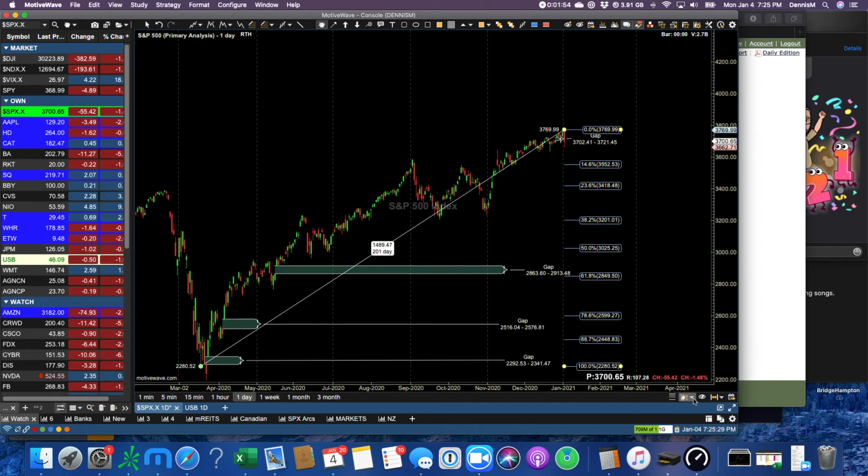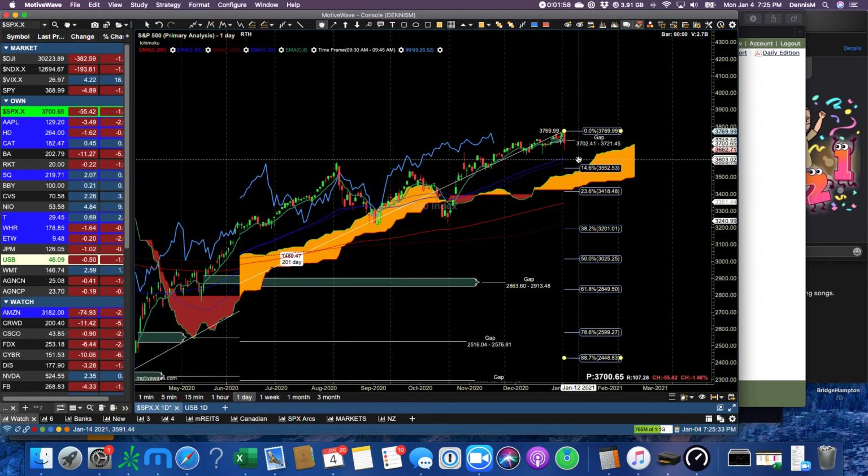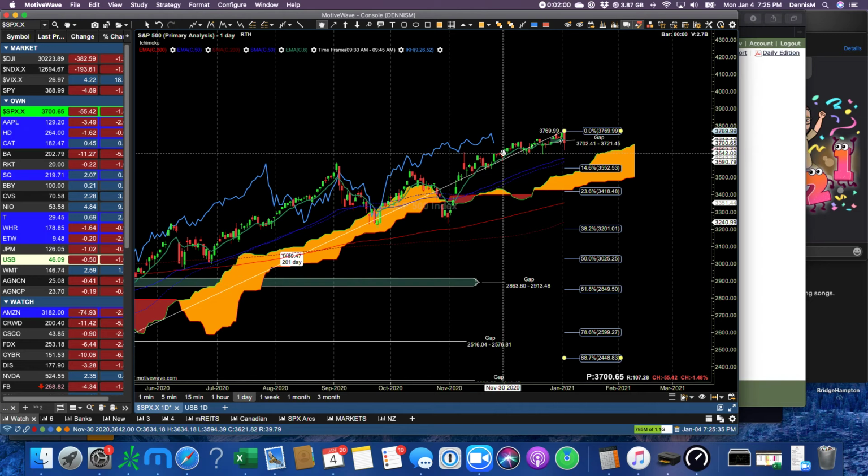Take a look at the cloud. Cloud's important. And we've said that we may be going down to test the cloud, and we should be also looking at this area here where the Chiku span comes down to this wall of support of candles that are running right along the 8 EMA. So I would expect us to be coming down to 36, 39 as early as tomorrow.